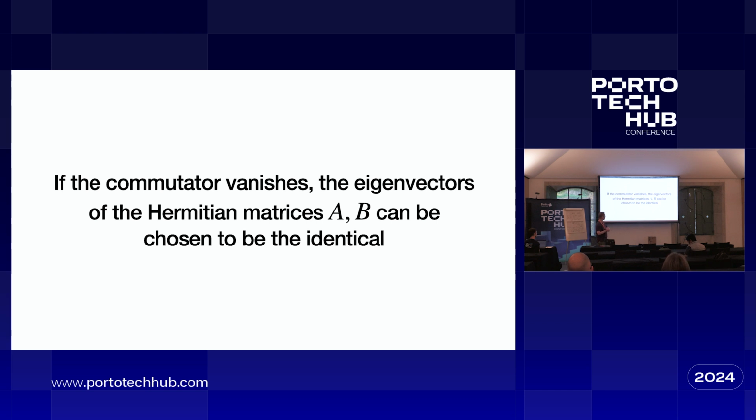If that commutator is 0, then A and B would have the same eigenvectors, which means that we could know the value of the two observable quantities simultaneously. In our case, that commutator does not vanish, and we cannot know the value of both of these observables simultaneously.